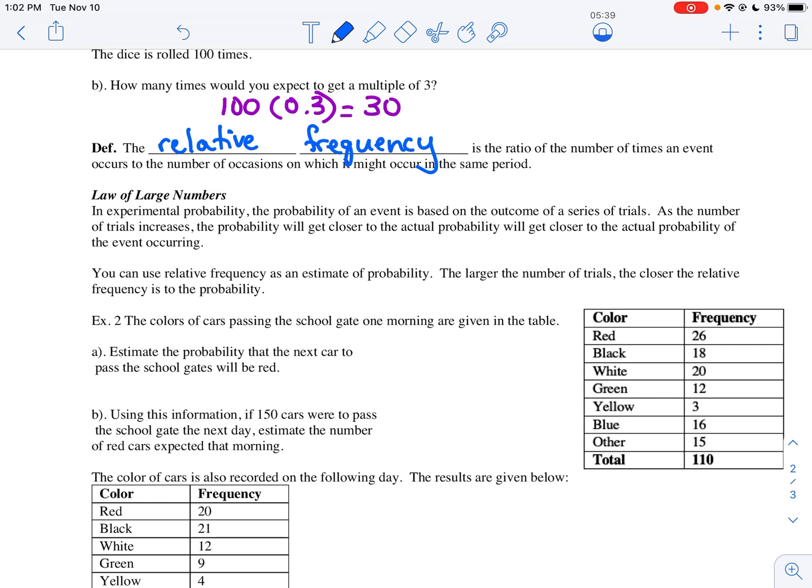As the number of trials increases, the probability will get closer to the actual probability. So you can use relative frequency as an estimate of probability. The larger the number of trials, the closer the relative frequency is to the actual probability.